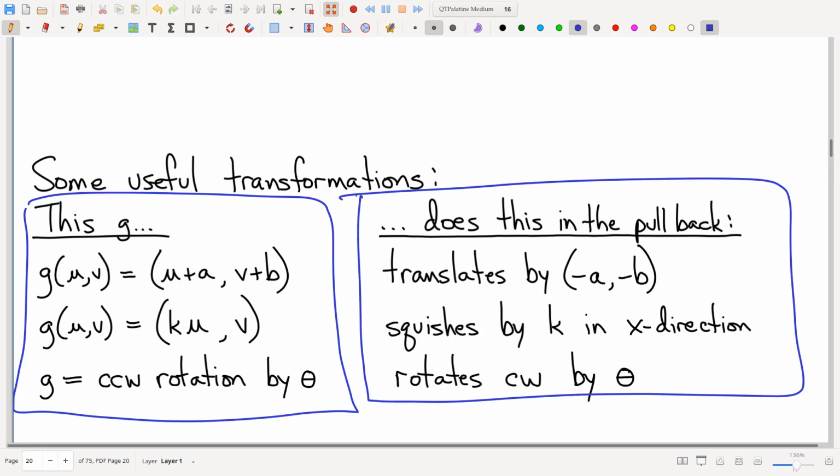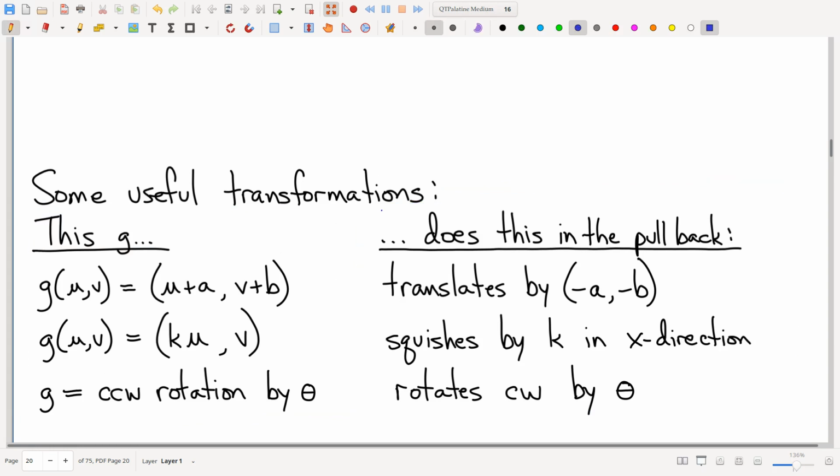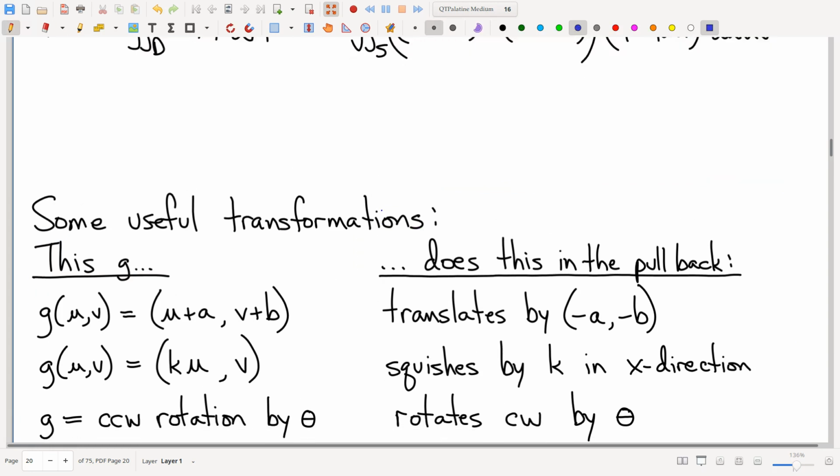If your change of variables is counterclockwise, that's effectively going to rotate clockwise as you do the pullback because you're going backwards. Likewise, and we're going to see that explicitly, if your G translates by the vector AB, in the pullback your domain will effectively be translated backwards. And here's why. Let's see an actual picture here.